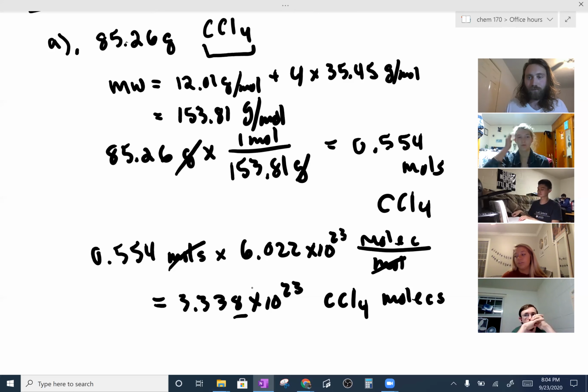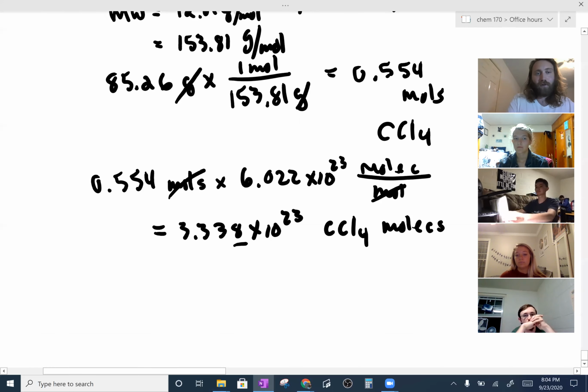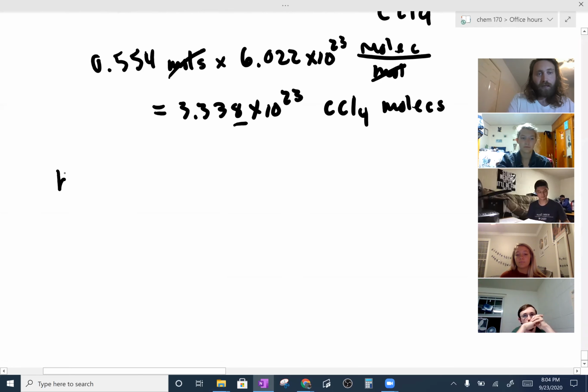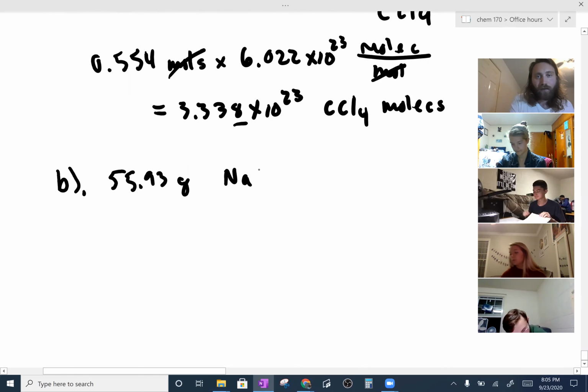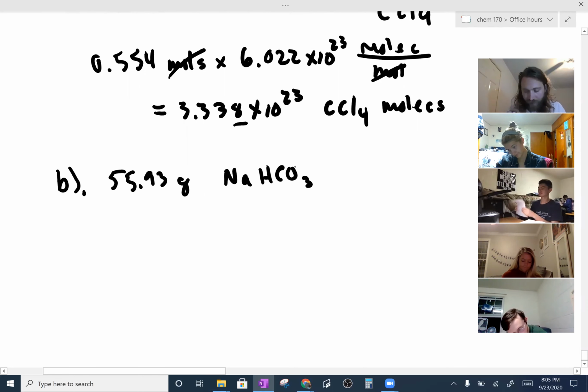Would you do anything different with that one, or would you do the same steps? Nope, you do the exact same steps. So for example, in B, if I have 55.93 grams of sodium bicarbonate, that means that I want to convert this into moles first.